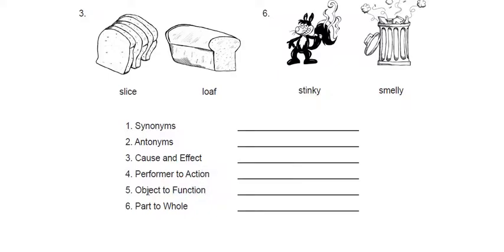For example, cell phone is to text, just like that, or calculator is to compute. So calculator is an object, it is a thing, and the function of that is to compute. And the last one, part to whole. For example, mouse, this mouse, the one that I am using, is the part of a computer. So that is part to whole.